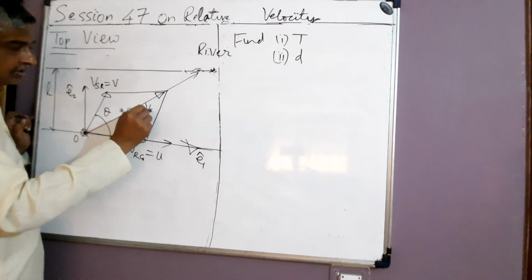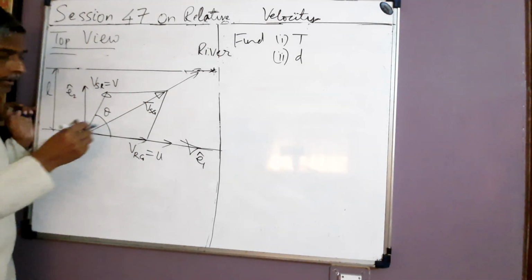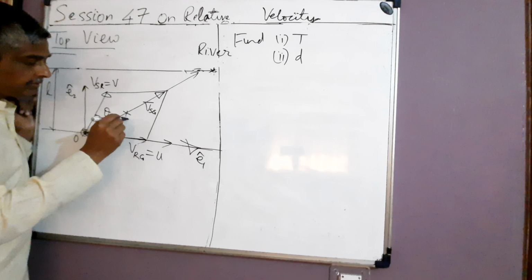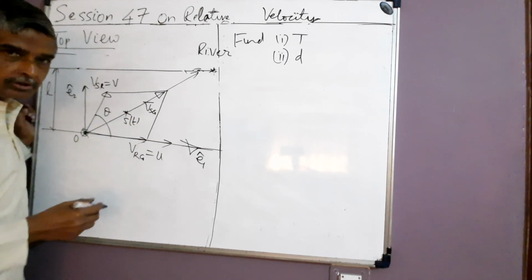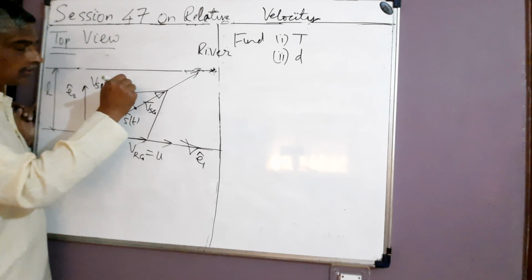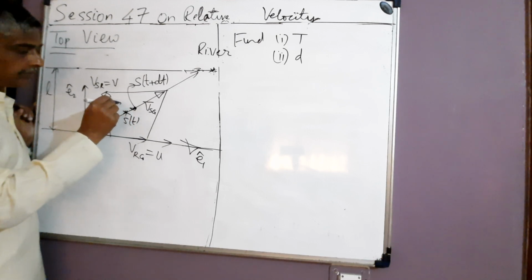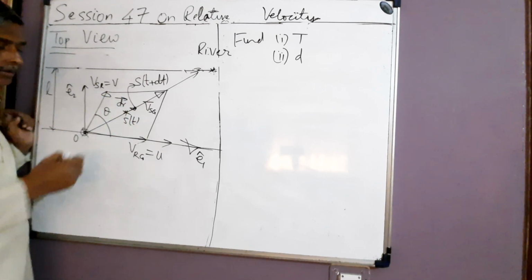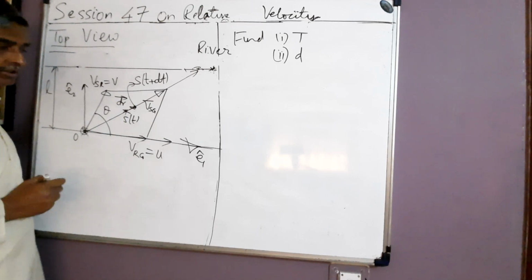This is the vector VSG. The swimmer starts from here at time 0. At some arbitrary instant t, the swimmer is somewhere here, S bracket t, meaning the swimmer at time t. t plus dt seconds later, the swimmer comes here. Here to here, the vector is dr, the displacement of the swimmer with respect to the ground in time t to t plus dt.